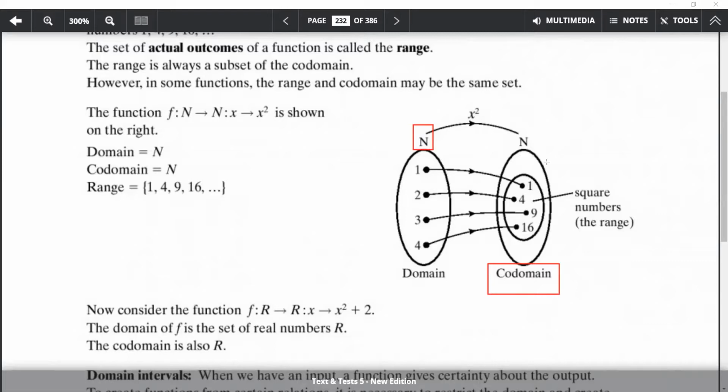So even though 3 is an allowable output, okay? We're not restricting this in any way and saying, no, you can't put numbers like 3 in it. You'll never generate a 3 with this function. So the numbers you actually generate are the range, whereas the numbers that you could potentially generate are the codomain. So here, our codomain and our domain are the same. They're both the natural numbers, where our range is just the square numbers, 1, 4, 9, 16.